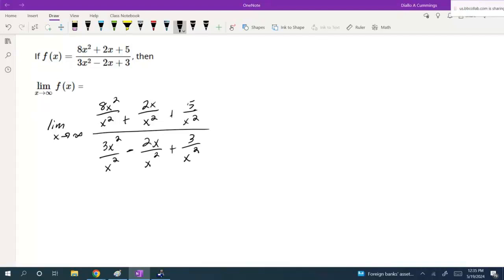So we simply divided everything by the variable of largest degree.